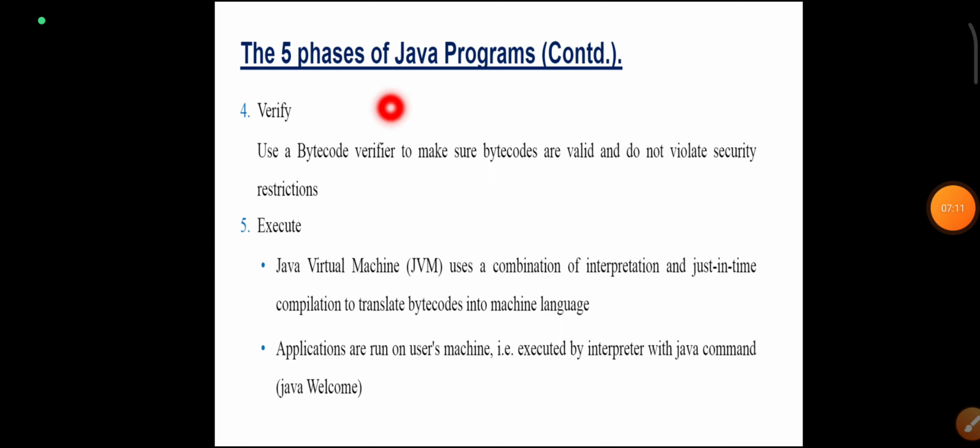Then the code that is loaded into memory has to be verified to check whether the bytecode is valid or not, so that it does not violate the security restrictions, with the help of the bytecode verifier. Then if it is valid, the Java virtual machine executes it by a combination of interpretation and the just-in-time compiler, as I have shown before how the JIT compiler and interpretation work.